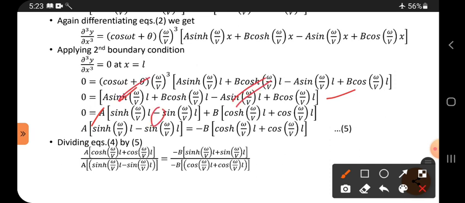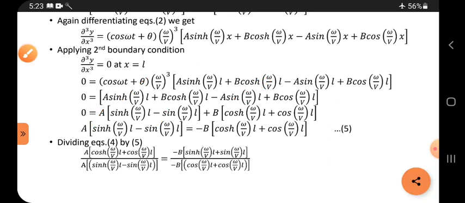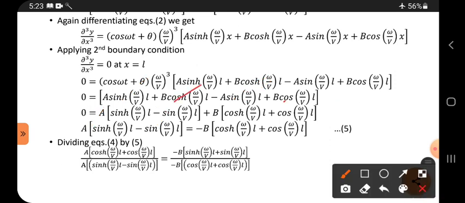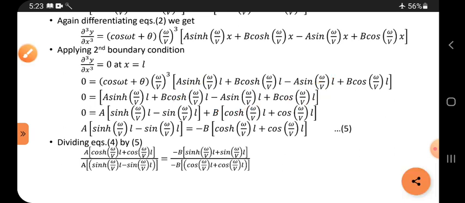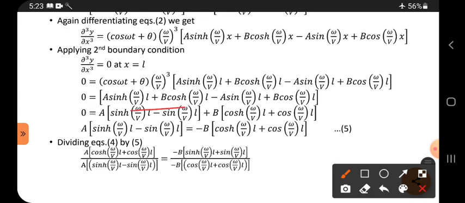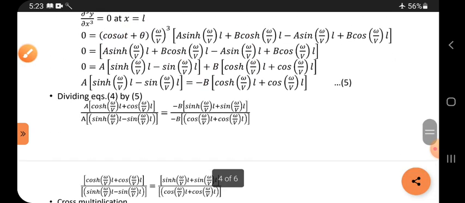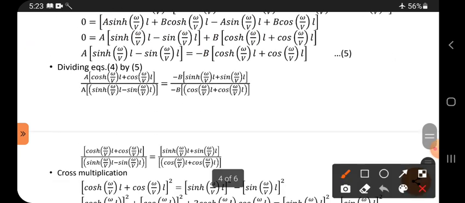Next take common factor b, which is taken outside, and both are cos values. Now keep the sine coefficient at this side only and bring the b coefficient to that side. Now it is plus, and if you bring it to this side, it becomes minus. Let it be equation 5.